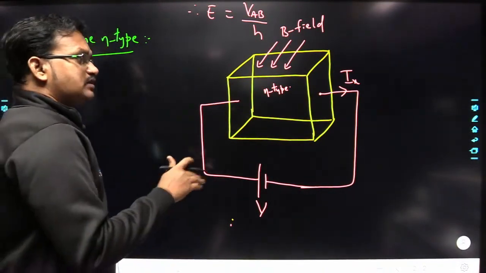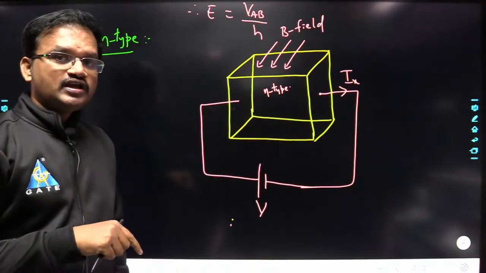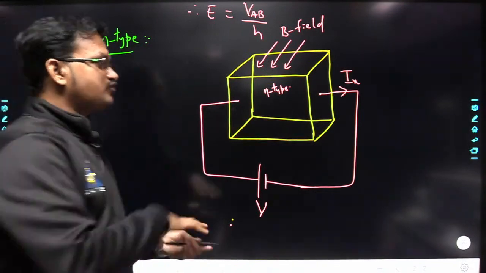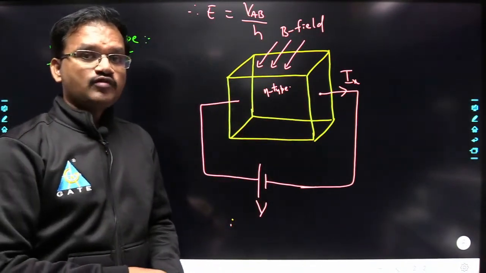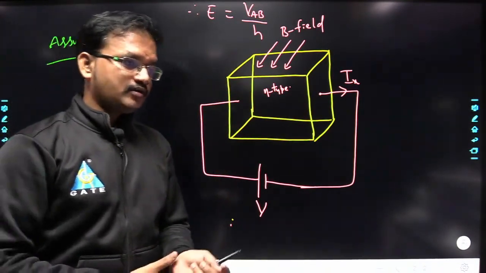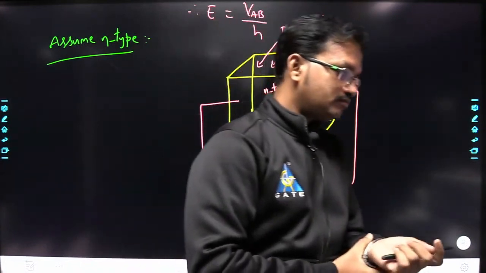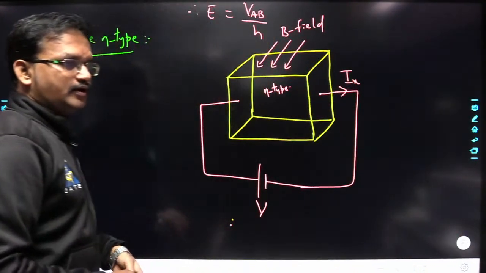So the current is flowing in this direction, which means the negative charge carriers are flowing in which direction here? The current is flowing from left to right, which means the electrons are flowing from where to where? Right to left or left to right? Tell me, Alok Kumar, Rahul Thakur.